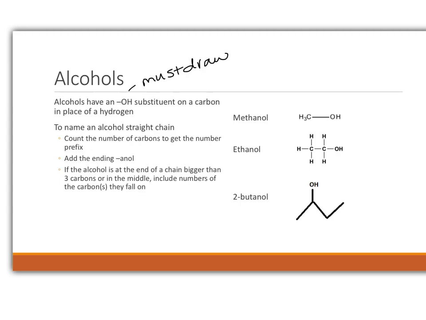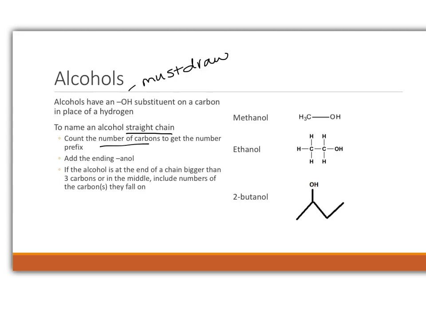So as far as naming goes, again, you run into needing to change your ending. We're still going to stick to straight chains. So these are going to fall somewhere on a straight chain. The prefix is still going to come from the number of carbons.